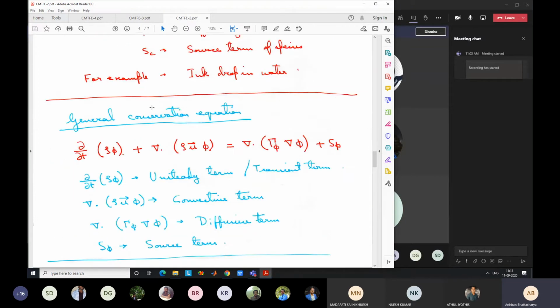And based on this, we have formulated a structure for the general conservation equation, which had 4 terms: the transient term, the convective term, the diffusive term, and the source term. In some cases, some of the terms may be absent. In some cases, extra terms may be present. For example, in momentum equation, we may have the pressure term. And some form of the equation may be slightly different.